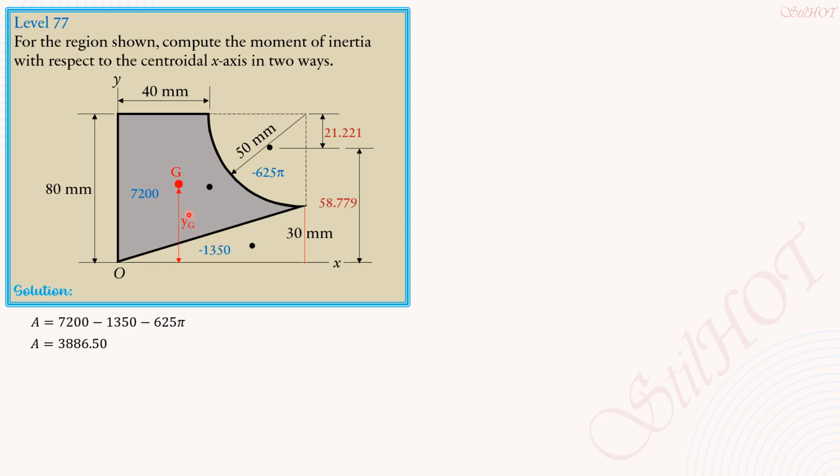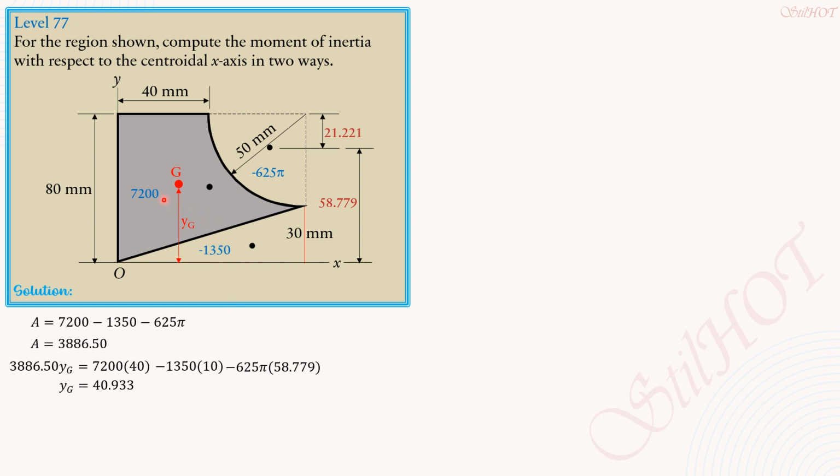By Varignon's theorem, to solve for yg, 3886.5 times yg equals 7,200 times 40, then minus 1350 times 10, and minus 625 pi times 58.779. So computing, yg is equal to 40.933 mm.